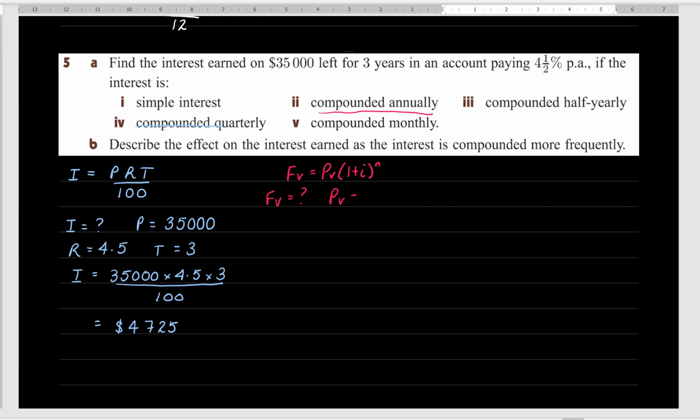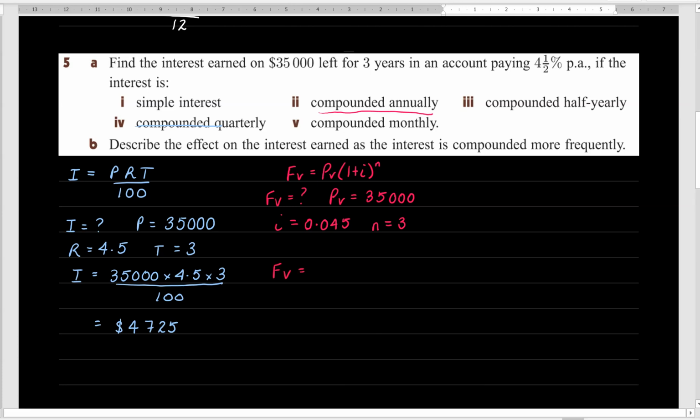We do know the present value, just like for simple interest, it's 35,000. The interest, instead of just saying 4.5, we have to divide that by 100, so it's 0.045. And our N is 3. Okay, now let's just pop this information into our calculator.